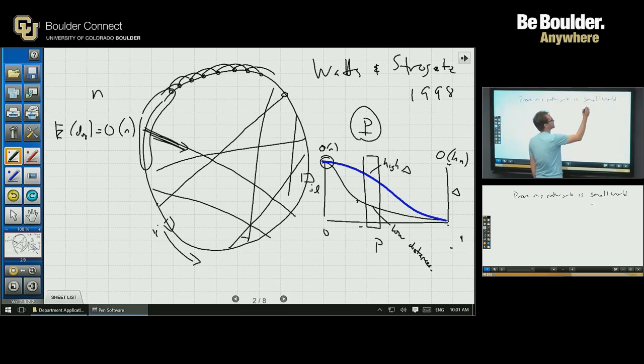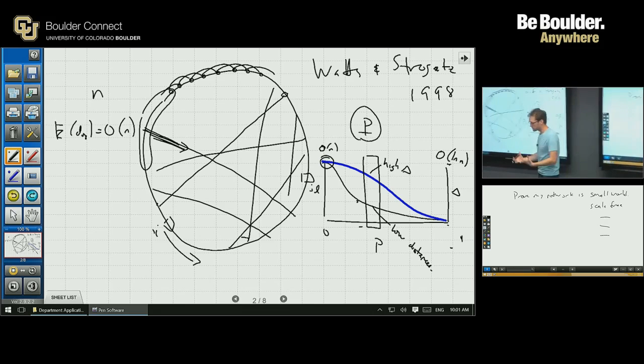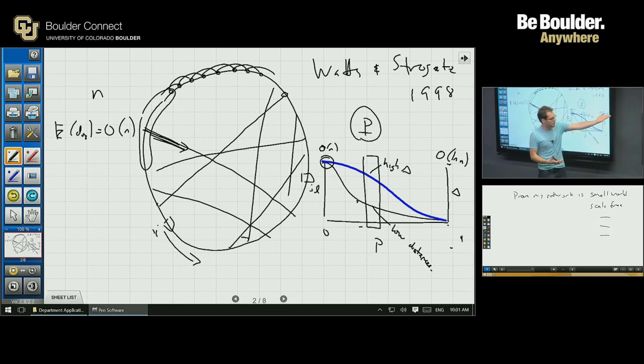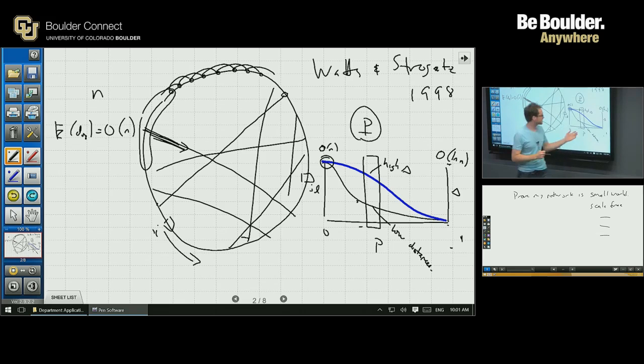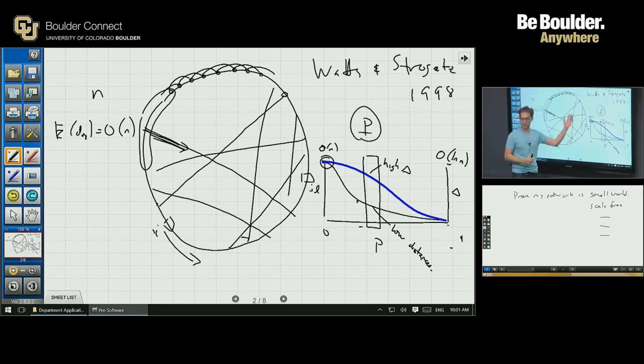They may also want to prove that it's scale-free, and there might be some other properties, too. If I have some empirical data, maybe I want to know whether or not it has one of these properties. Generally speaking, this is not the right question to ask, because this is a cartoon. This is a cartoon of the world. This is not the real world at all.